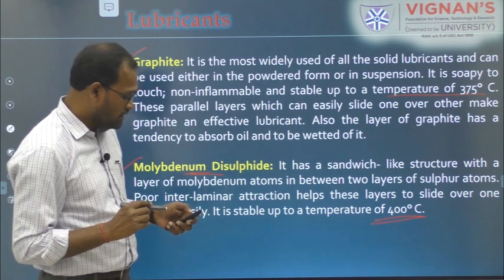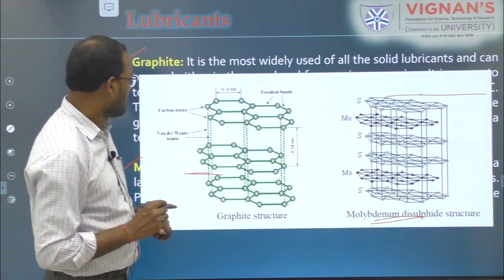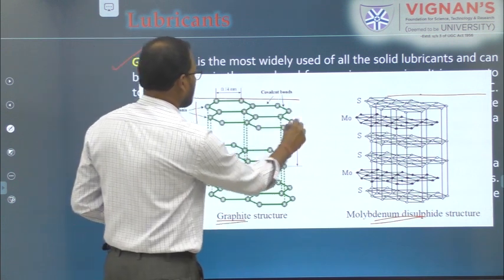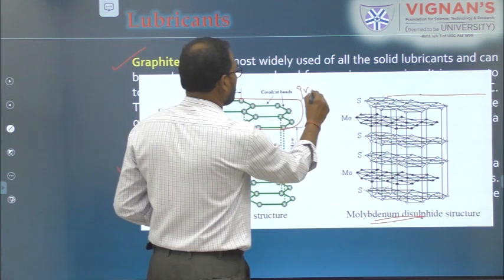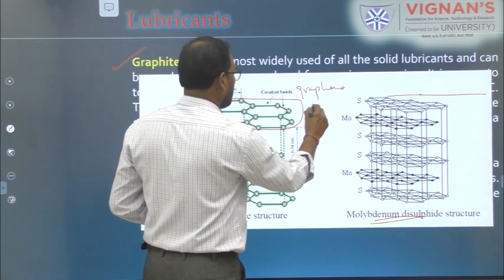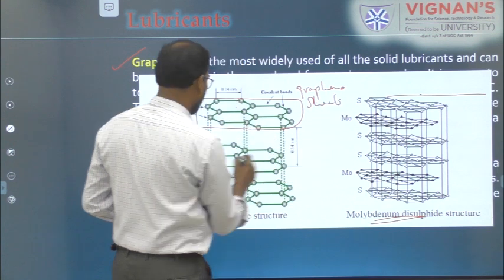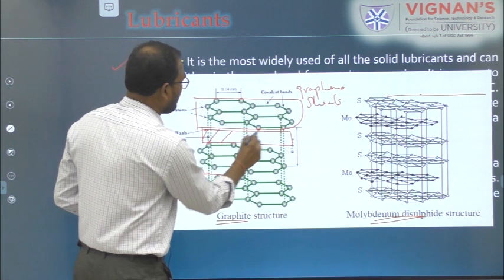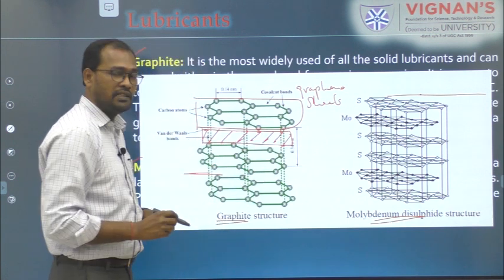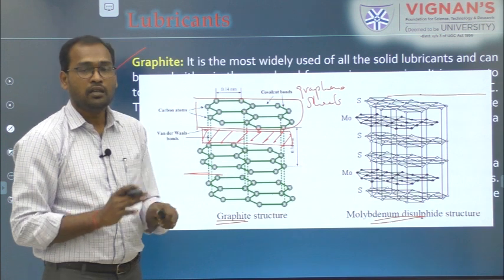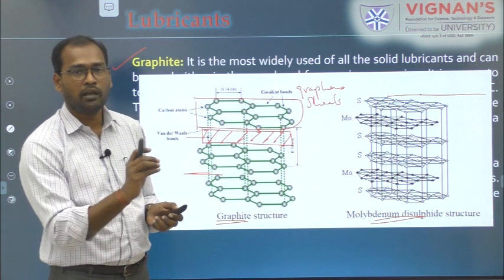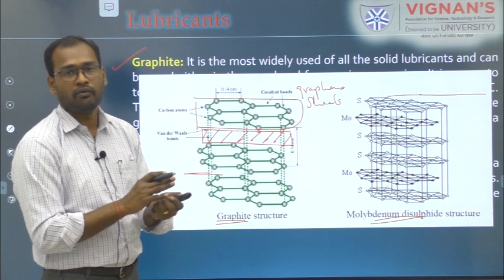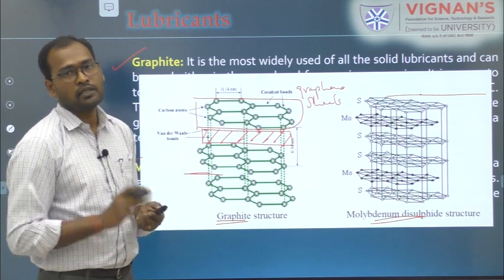So I will show you the structure of these two, right. So this is graphite. You can see this as a graphene sheet. These graphene sheets are held by weak van der Waals forces, and these weak van der Waals forces can be easily broken by simply applying less force, and they can reform once again, and this formation and reformation can be applied as a lubricant property.